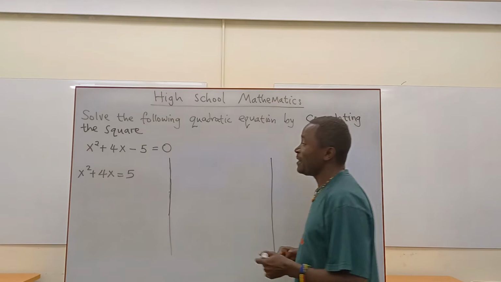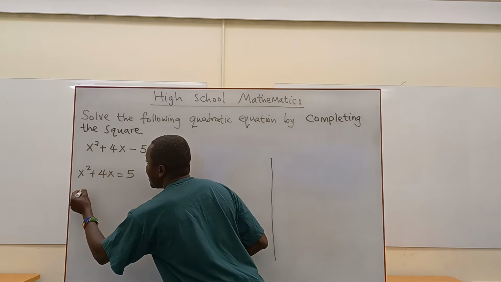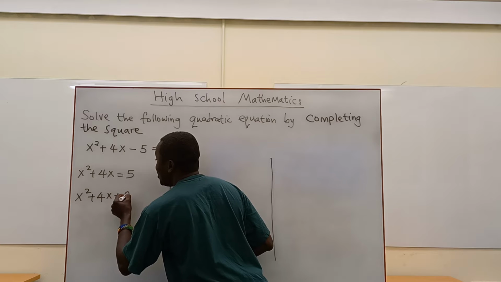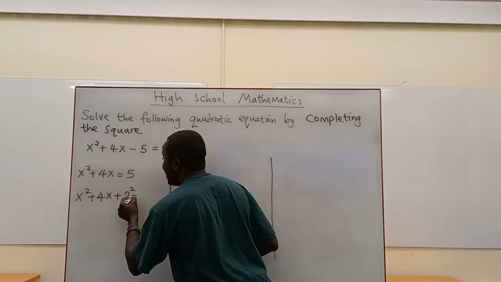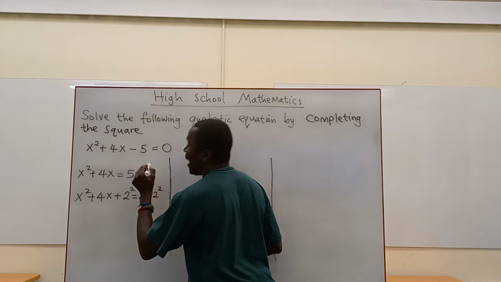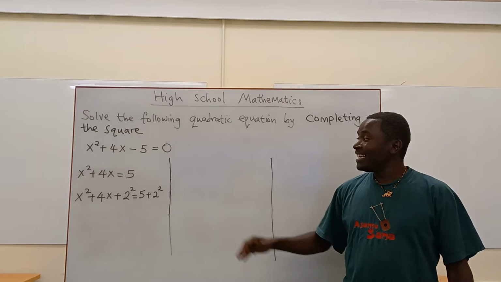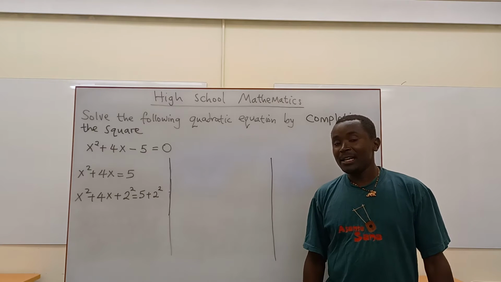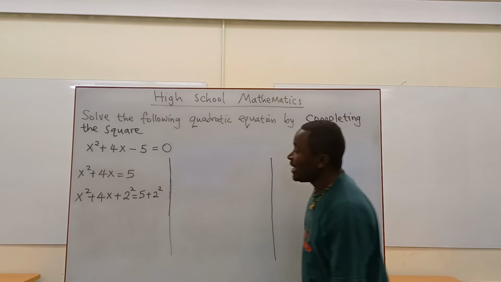So you have x squared plus 4x plus 2 squared is equal to 5 plus 2 squared. Okay? So we've added 2 squared on both sides of the equal sign. Go ahead and simplify that.